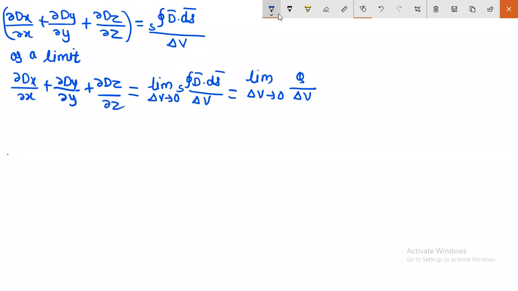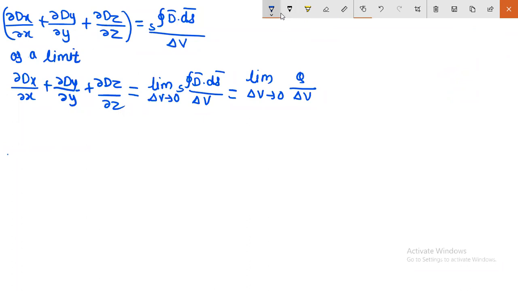Can anyone tell me what is this Q divided by v? In the previous lecture I told you. Rho v, correct. It is the volume charge density, that is rho v.